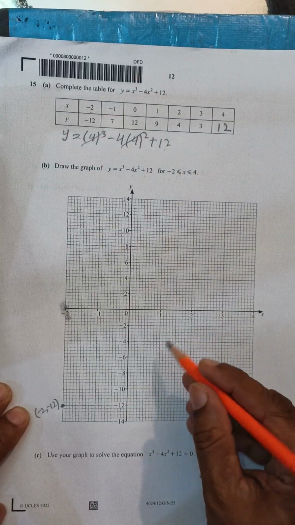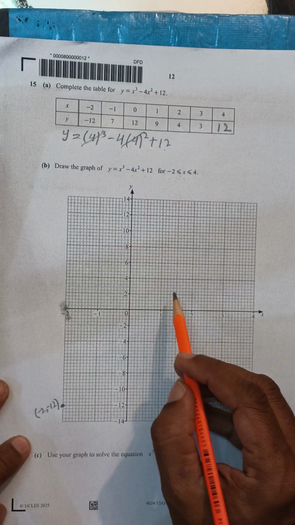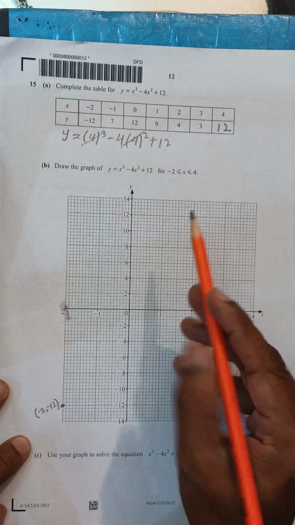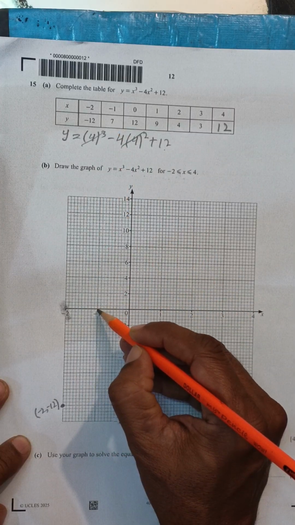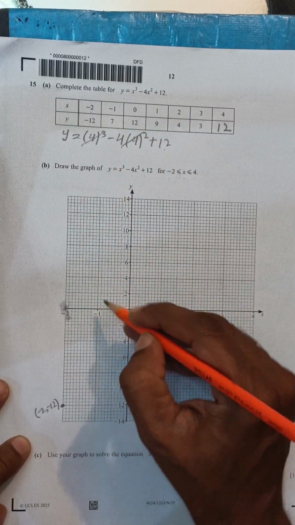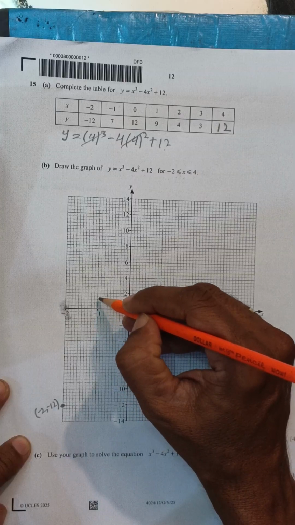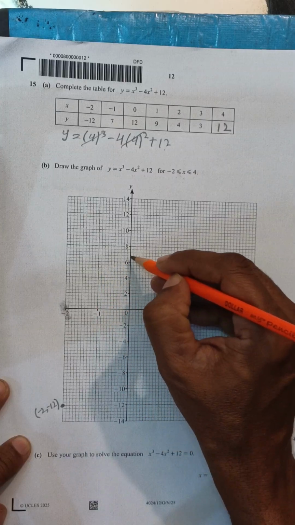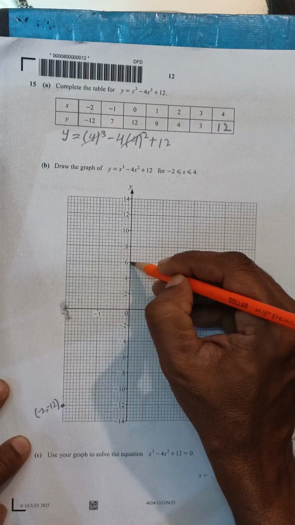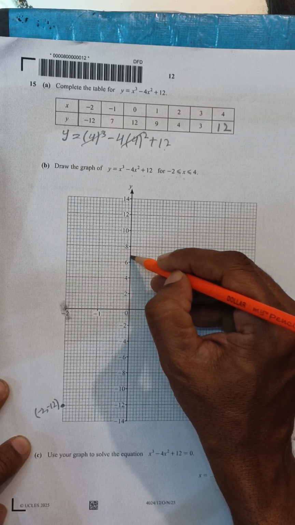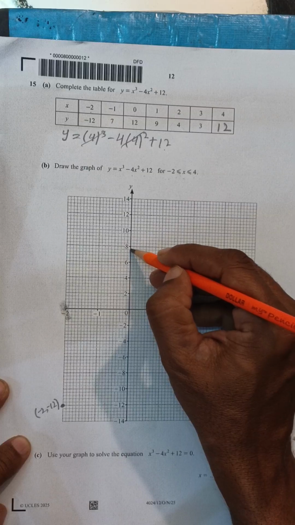Now the second one is when the value of x is minus 1, and the value of y is 7. So where is 7, guys? The 7 is this one. So it is 6, it is 8, then 1, 2, 3, 4.